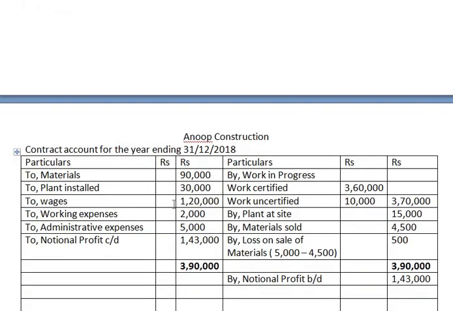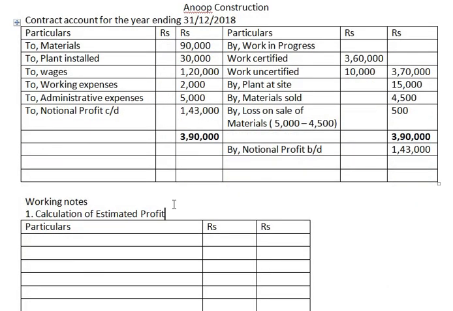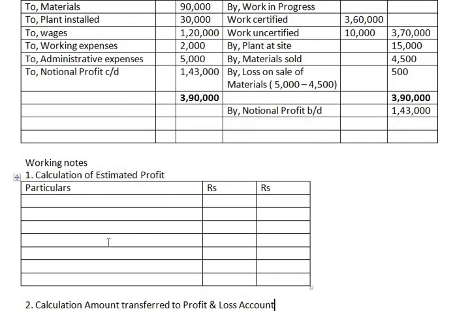So we need to find out the estimated profit. We will have one working note for this: working note, calculation of estimated profit. Make a chart: particulars, rupees, rupees. Now how are we going to find the estimated profit? Whatever expenses we have already incurred have to be taken first.